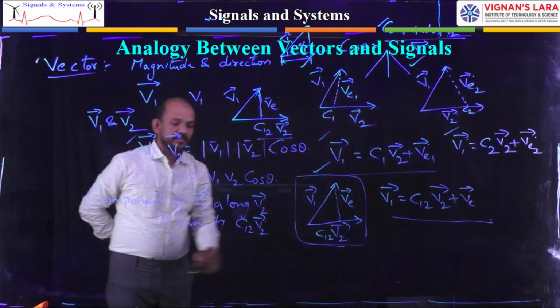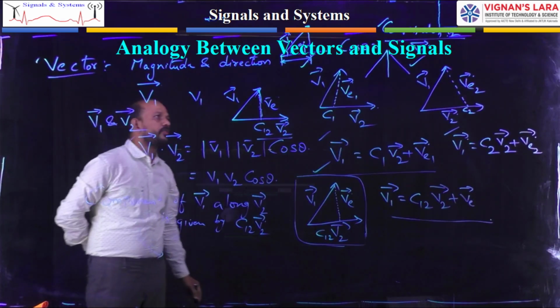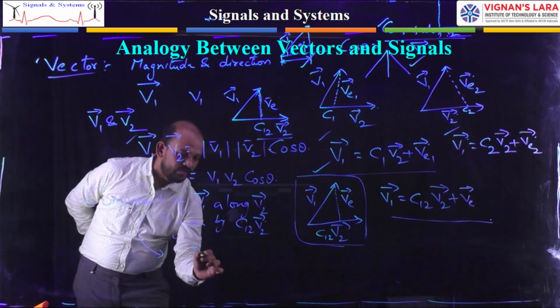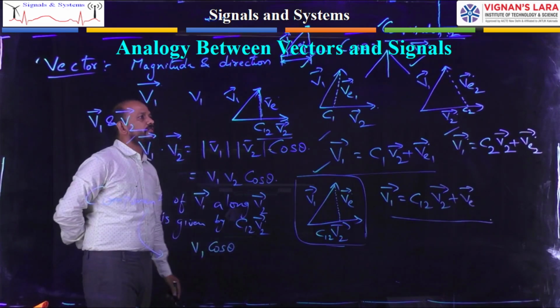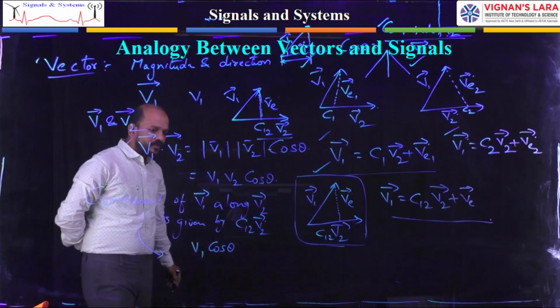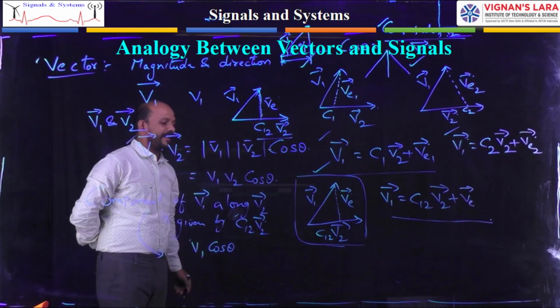So from that, the component of V1 along V2 will be given as V1 cos theta. Okay, so now this is from the diagram and this is from our right angle triangle.